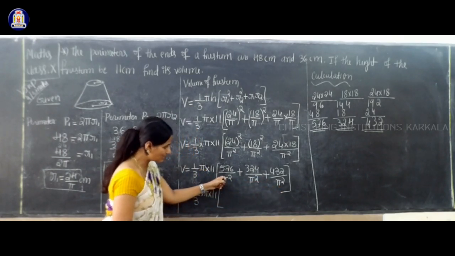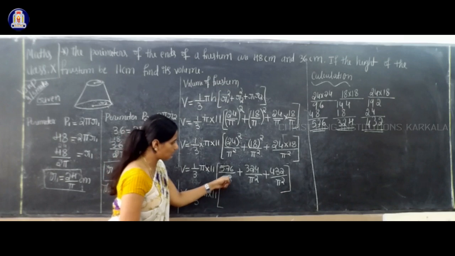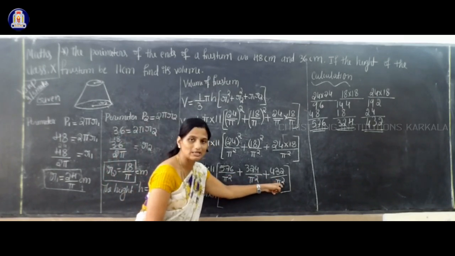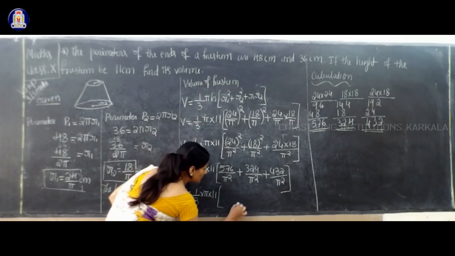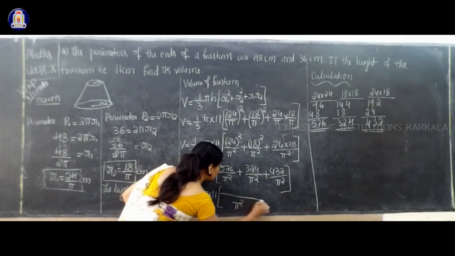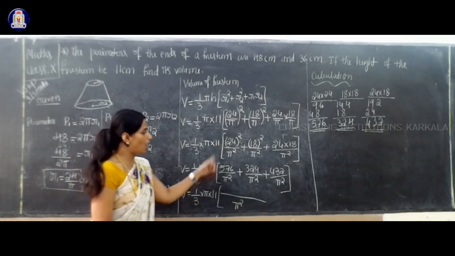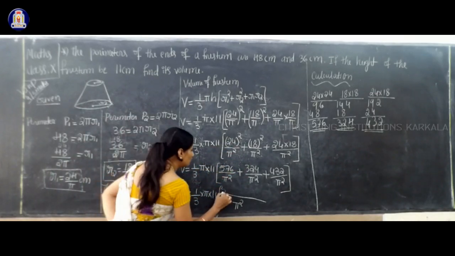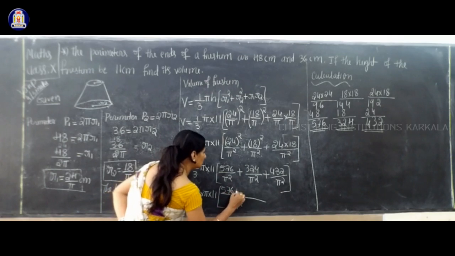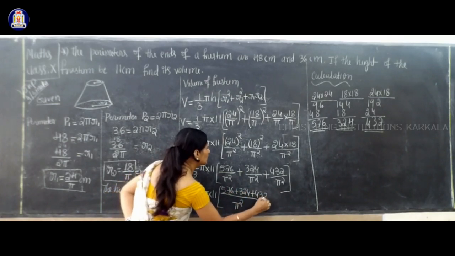To take LCM, what is the denominator? Pi square, pi square, pi square. That means the same. So if it is same, the LCM is pi square itself. Now how to get the numerator? Numerator is direct addition: 576 plus 324 plus 432.